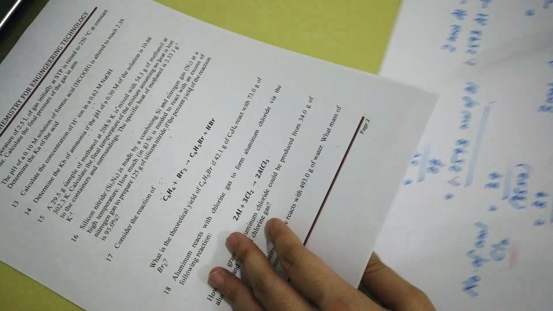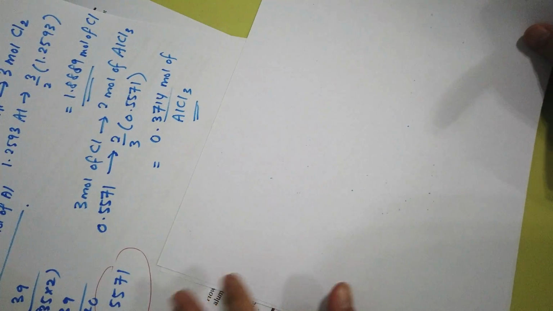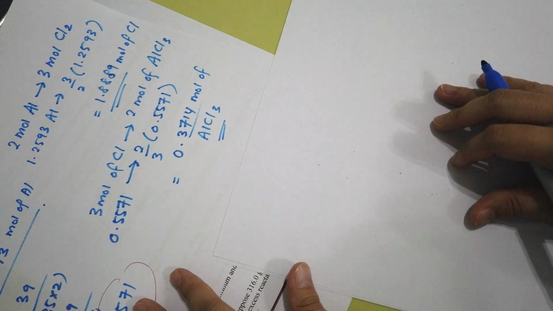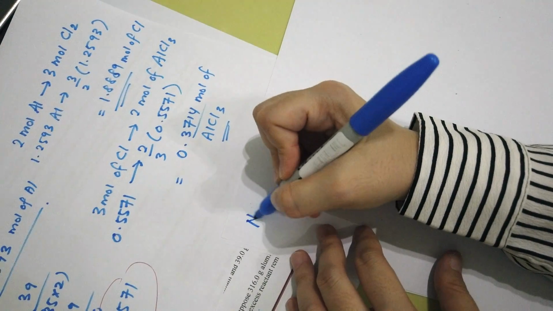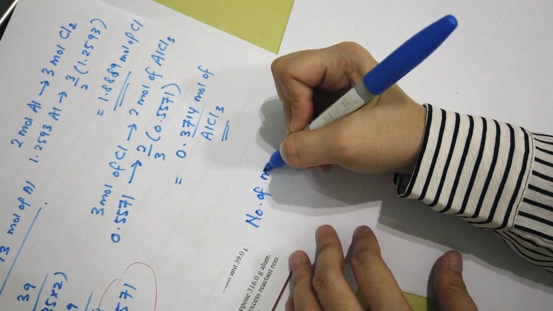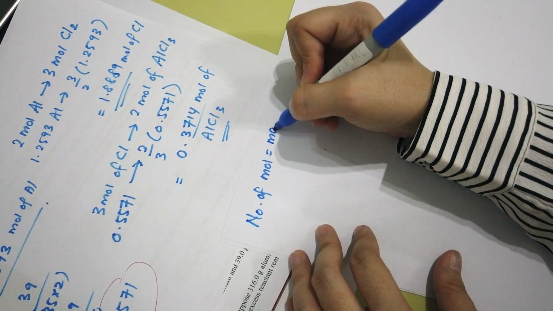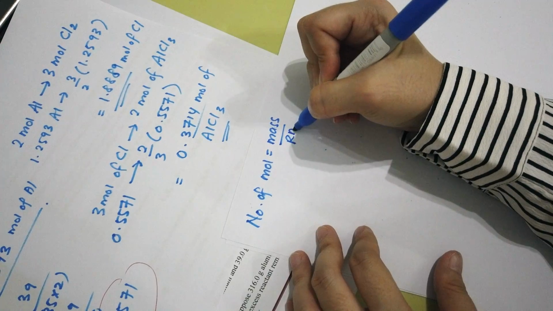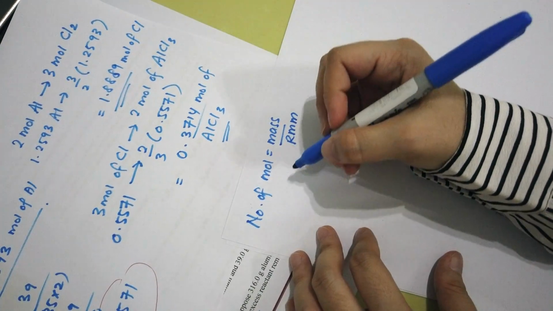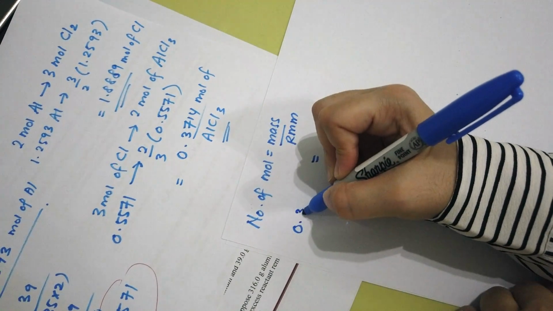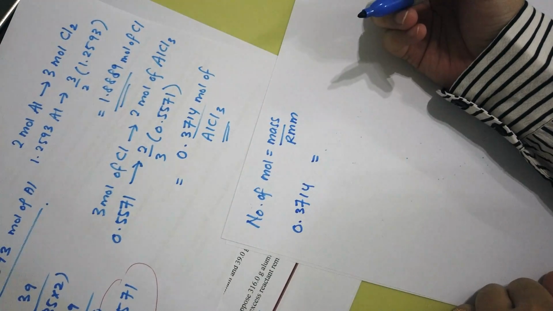So when you want to calculate the mass in gram, you need to calculate again the number of mole. So number of mole equivalent to mass over RMM. So the number of mole is equivalent to 0.3714.